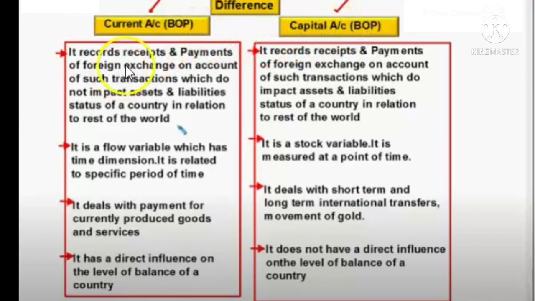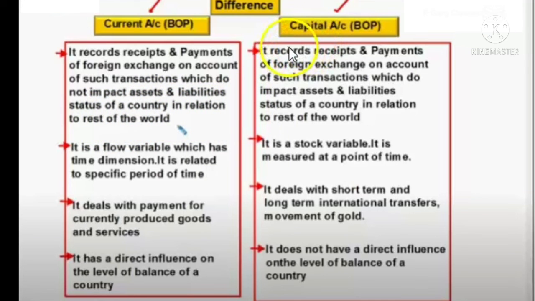In the current account, it records receipts and payments of foreign exchange on account of such transactions which do not impact the assets and liability status of a country in relation to the rest of the world, as we had studied earlier.